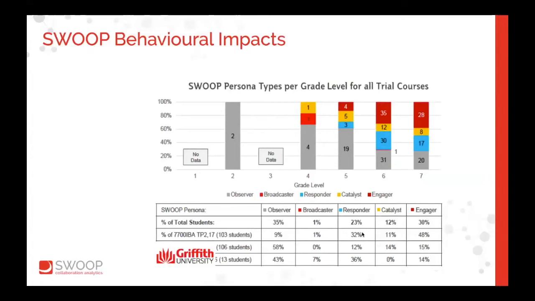And what we've found is that there's a very strong correlation between those very constructive personas, the engagers and the catalysts and the responders, and the actual score that they've got. So this really validates the fact that the way you behave online contributes to how you perform. It's a real situation, but it's fairly rare that you get to measure performance in this way.